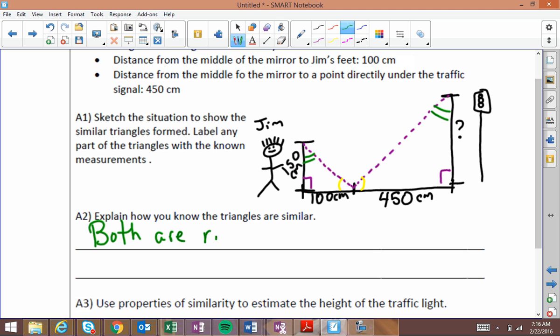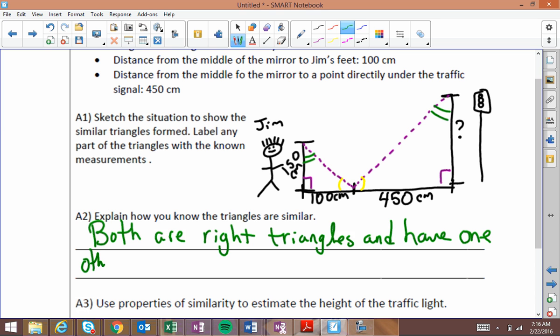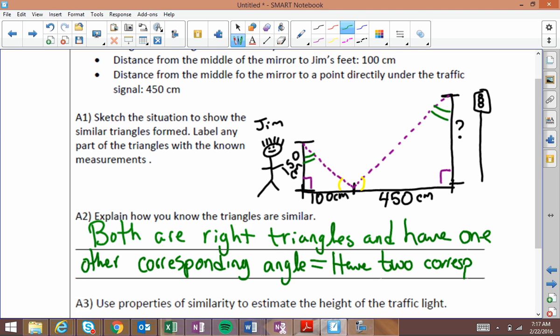Both are right triangles and have one other corresponding angle, which means we have two corresponding congruent angles. Which gives us our similar triangles.